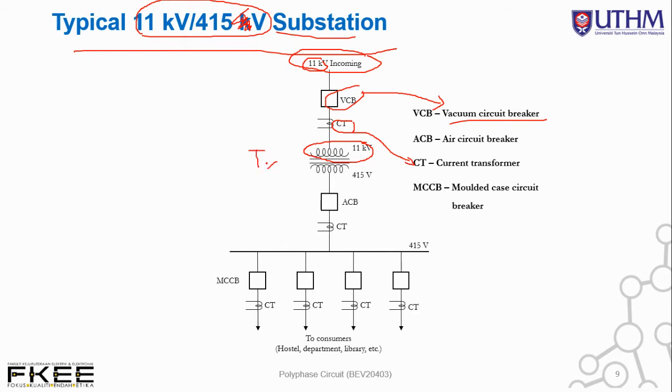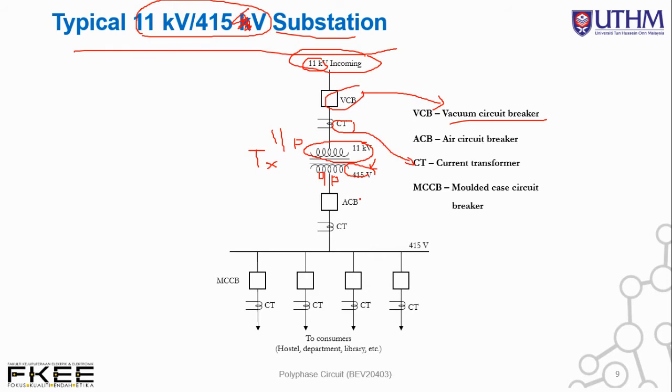This is the symbol for the transformer. The 11 kV voltage level has been stepped down to 415 volt at the output of the transformer over here. This is the output, the secondary part, and this is the input, the primary part of the transformer.